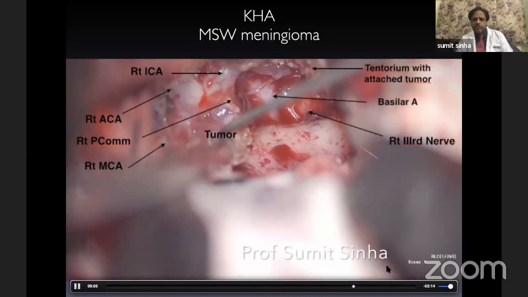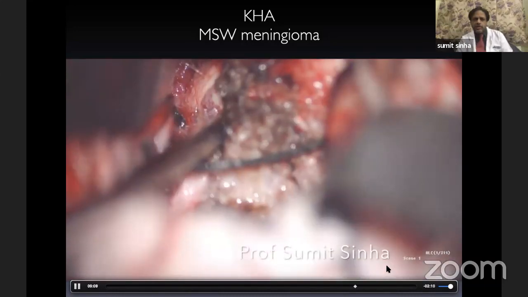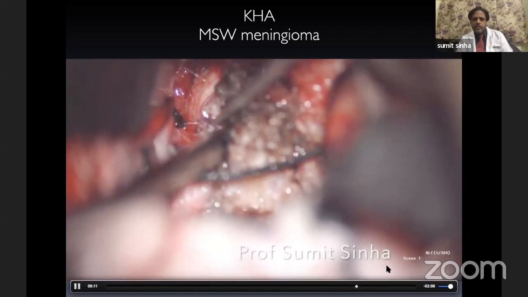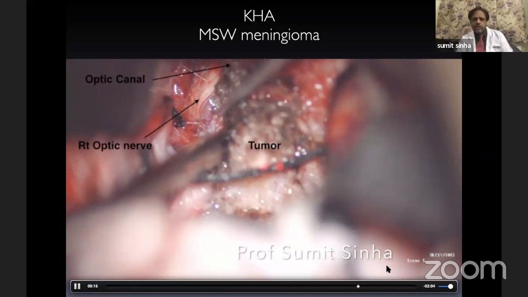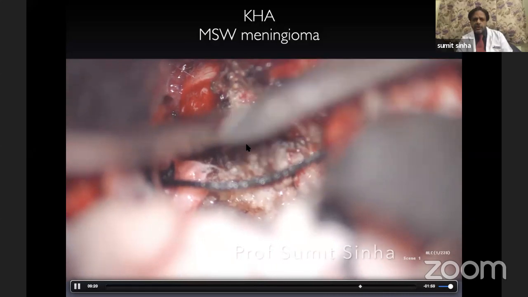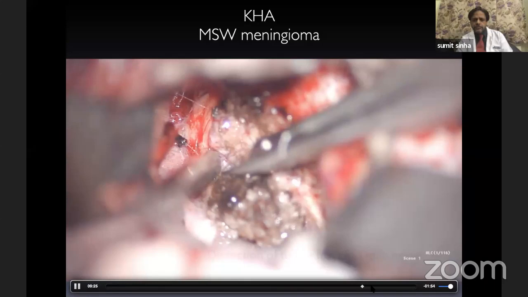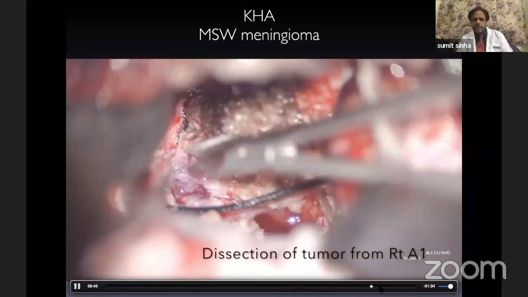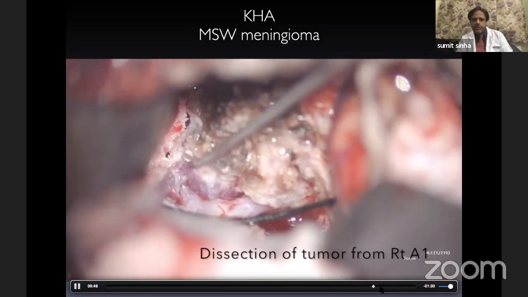And the complete tumor removal has been made possible through this small keyhole approach. This is the small remnant of the tumor in the attachment at the skull base, which is now being removed. The last bit of tumor tissue is being removed from the right A1.